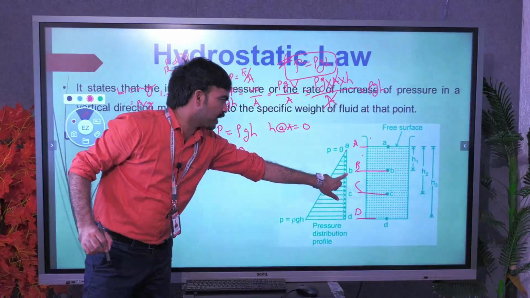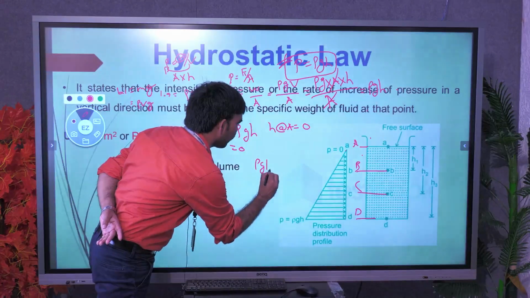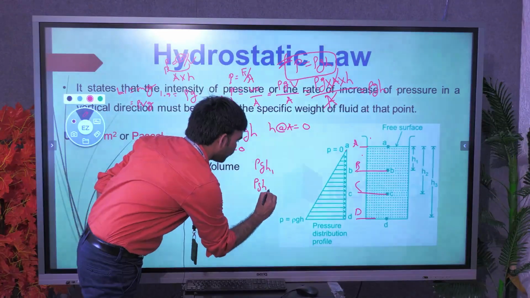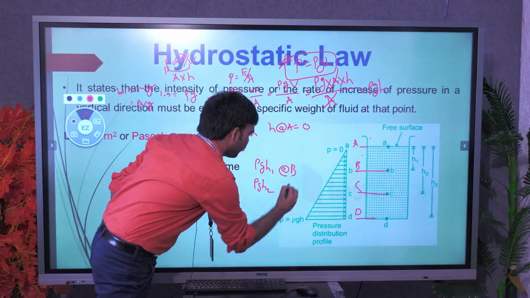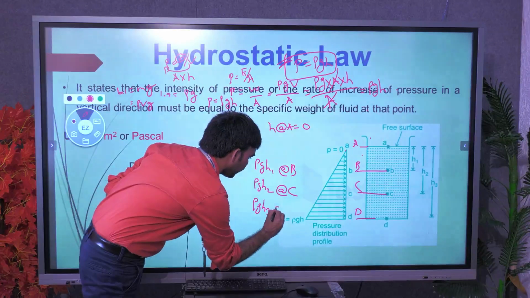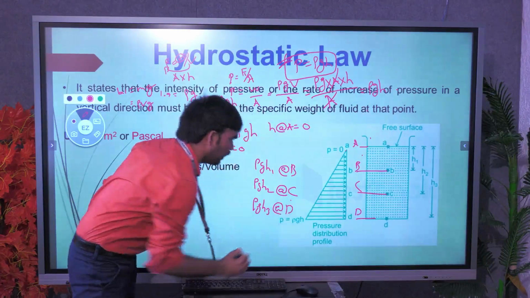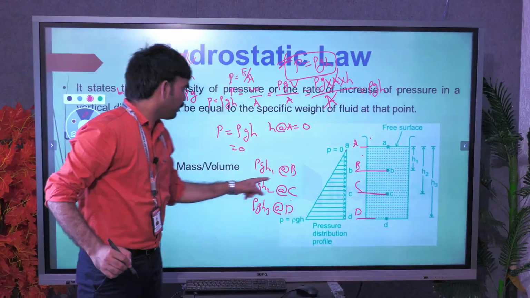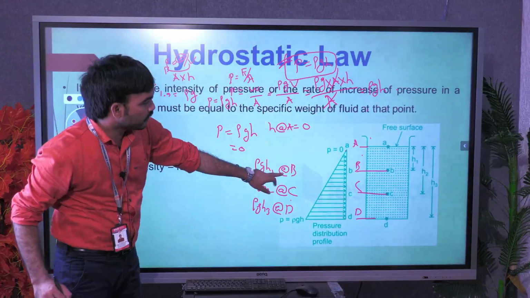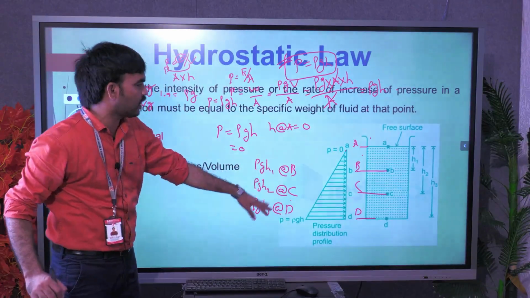If you want to measure pressure at B, the height is H1, so the pressure is rho g H1. At C it is rho g H2, and rho g H3 at D. The H2 value is greater than H1, and the H3 value is greater than H1 and H2.